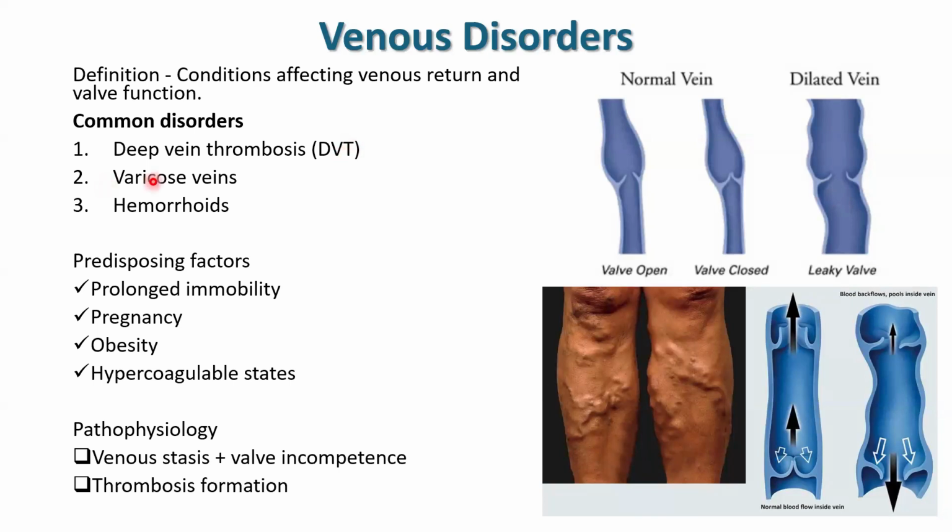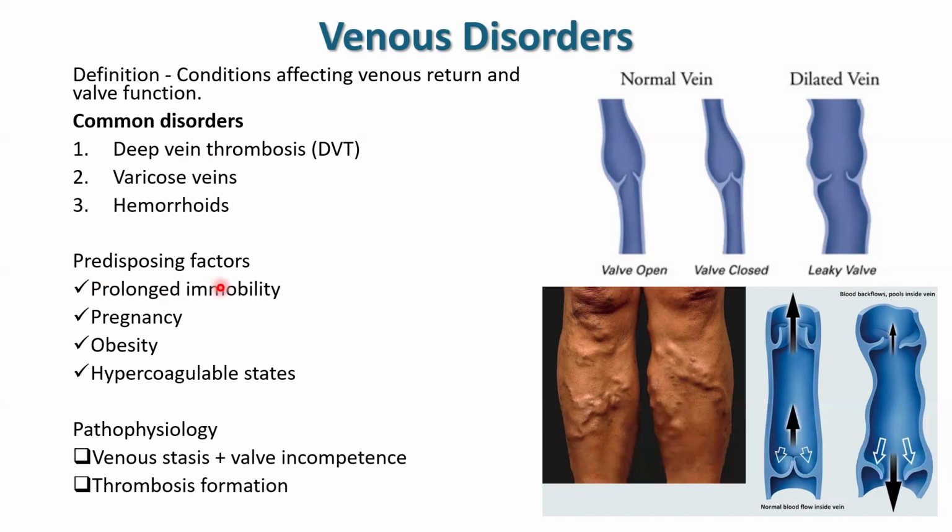The other one is varicose veins, which you can see here. The other one is hemorrhoids. These are a few examples. I can ask you to define and give examples of common vein malformations.